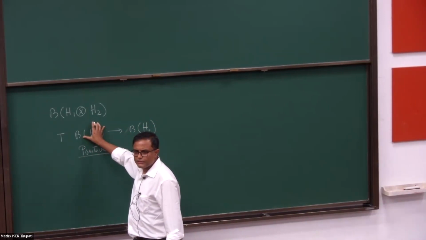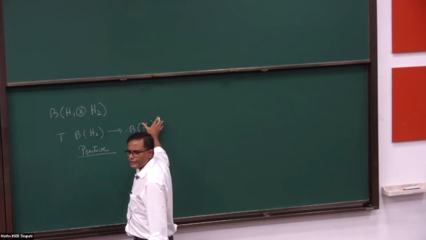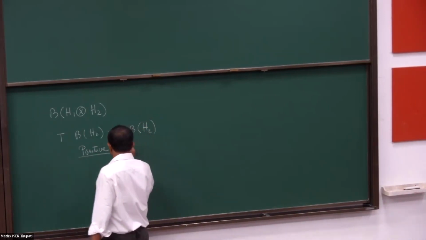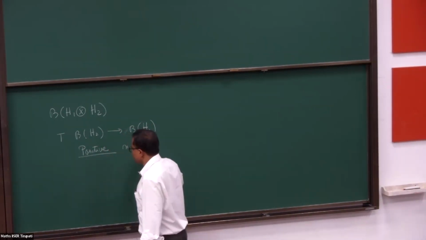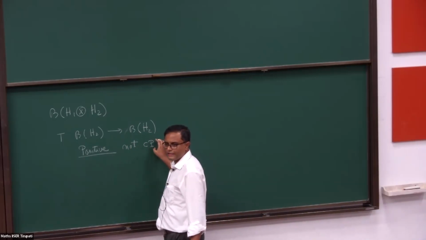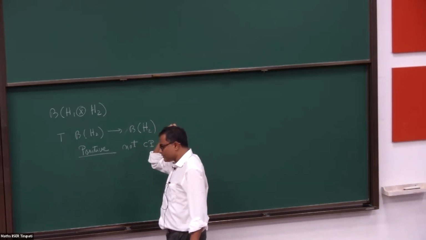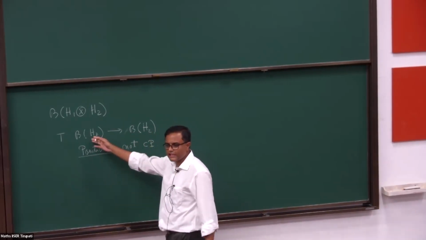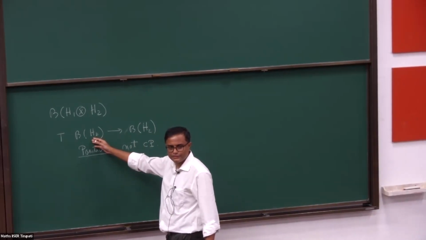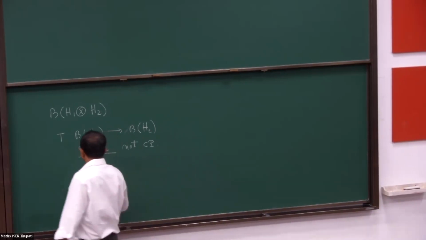Positive means the positive operators here go to positive operators here, but not completely positive. I do not want to explain that now, but you can ask me what kind of objects are positive but not completely positive. Transpose is one such operation, which is positive but not completely positive, which means the following.